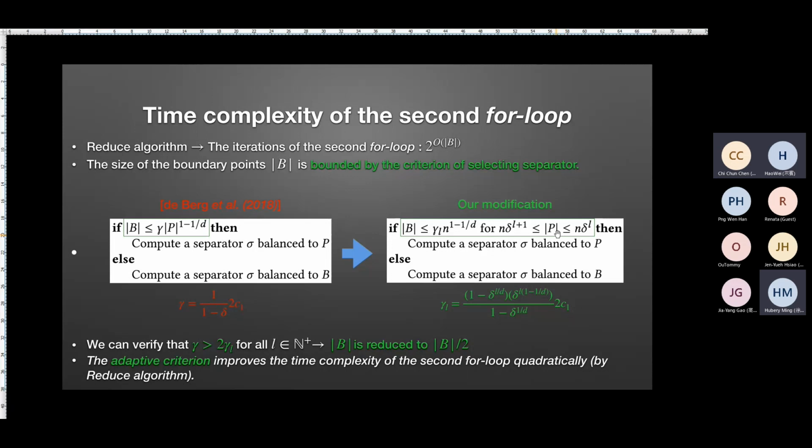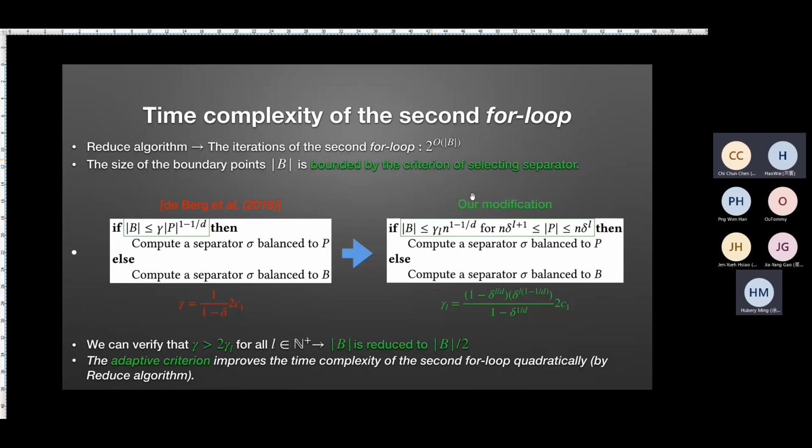First, we partition the size of the points into a set of intervals, and we use the label L of the set of intervals to define a gamma, a ratio that depends on L, such that we can verify that gamma is larger than 2 times gamma L for all L. That means the boundary points could be reduced by half by using our criteria.